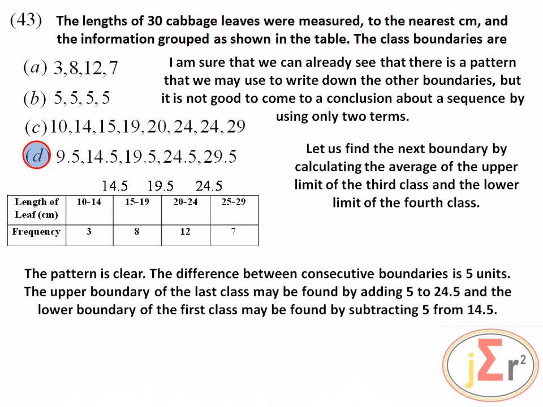The upper boundary of the last class may be found by adding 5 to 24.5, and the lower boundary of the first class may be found by subtracting 5 from 14.5. So there we have 14.5 minus 5 is equal to 9.5, and 24.5 plus 5 is equal to 29.5. The sequence is by 5, so the one that is before this has to be 5 units less. The one after this one has to be 5 units more.